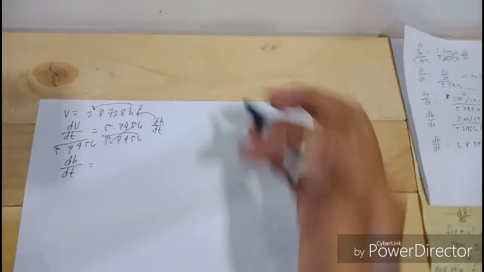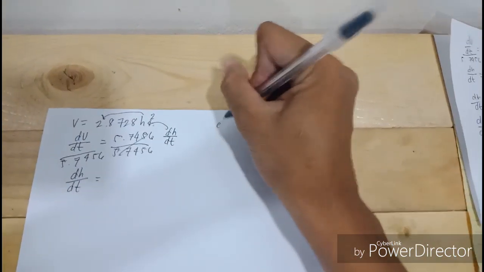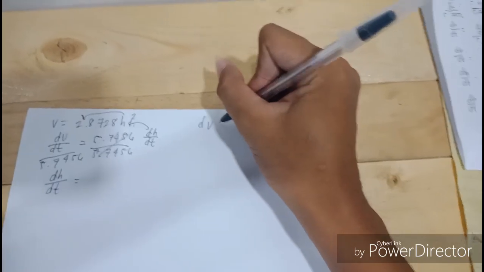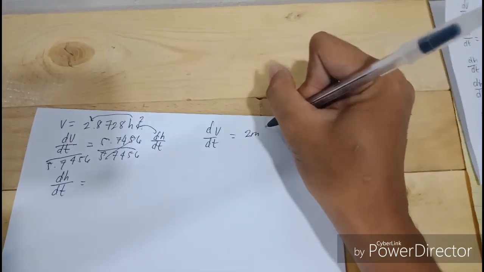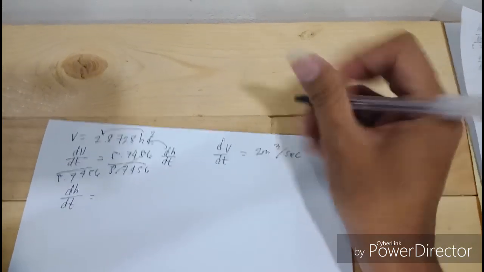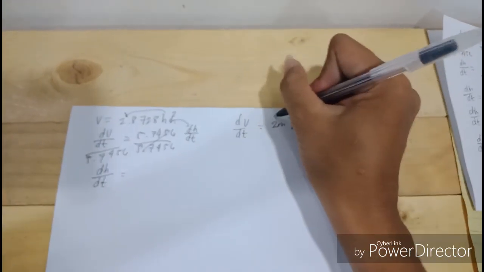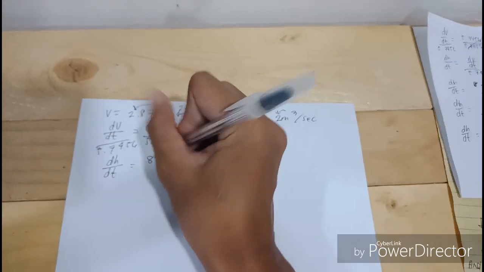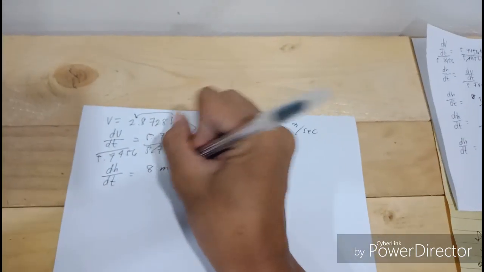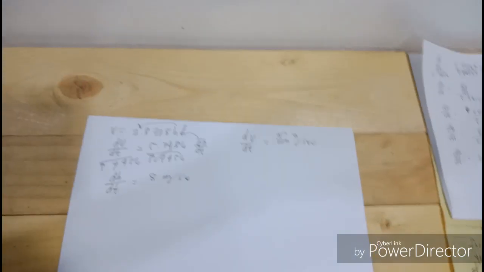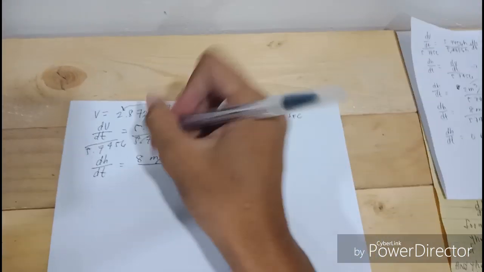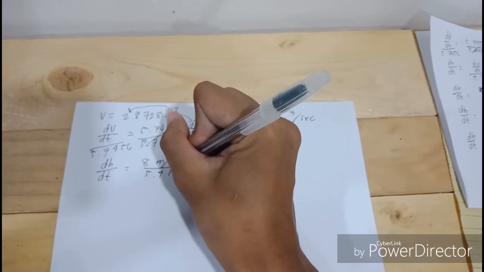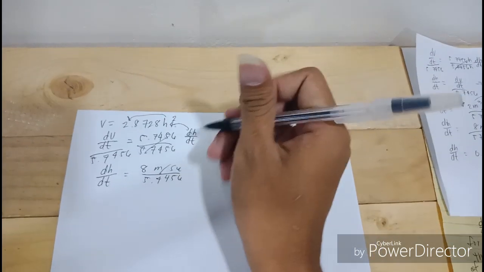Lately we had that, which is the given dV dt equals 2 meter cube per second, divided by 5.7456.